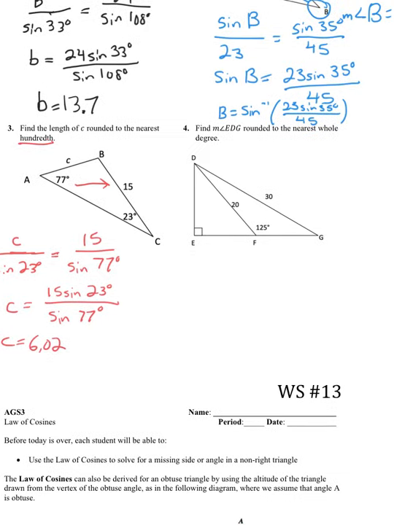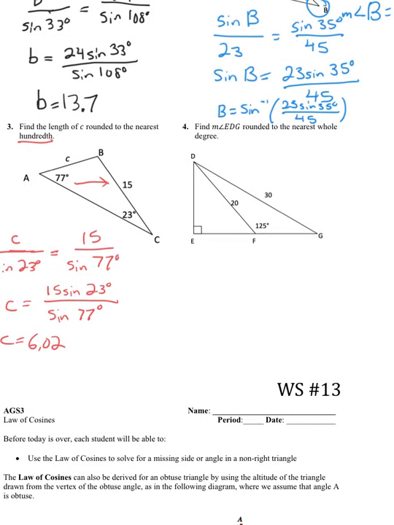All right. And the last one, number 4 here, we're looking for the measure of angle EDG, which is this whole angle here. So essentially we've got this triangle here that looks like this. It's got a side length of 30. There's side C, there's angle E, and then here's EDG.